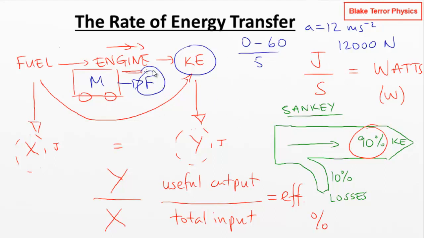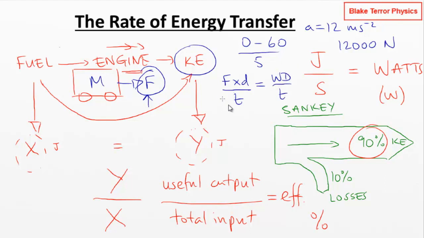So we've got that going on, and that would then fit in, because we could say, well, the force times the distance, that is our energy transfer. So if we do force times distance, that's our work done, and we've just worked out force here from Newton's second law. And then you divide that by the time, and then we've got power. So that's work done over time is power.